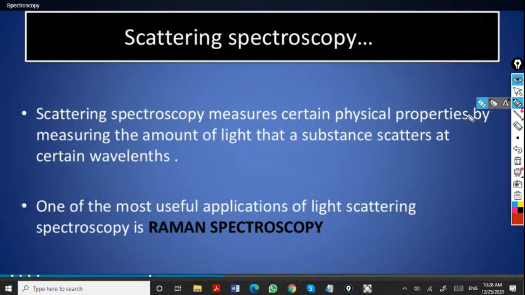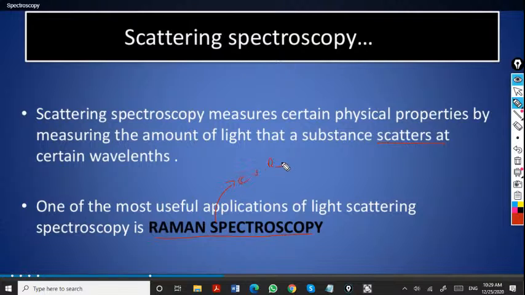Next, scattering spectroscopy. It is measured from the scattered light, the light scattered from the substances. This scattering spectroscopy is generally named Raman spectroscopy because light scattering was defined by C.V. Raman.